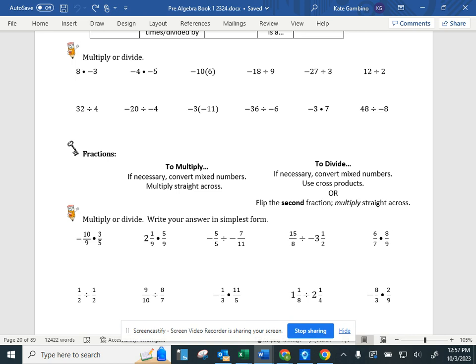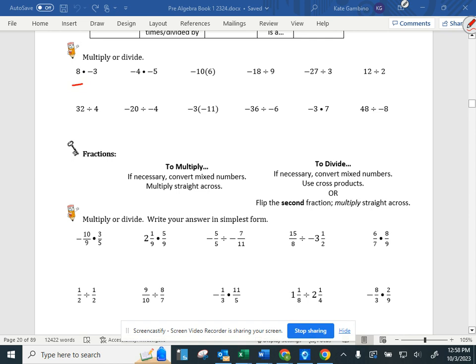So let's look at this first one. I have a positive 8 and a negative 3. What's my answer going to be, positive or negative? Christian? Negative, because I have different signs, positive and negative. So that's the first thing I always look at. Am I going to put a negative sign on there? Now I'm going to do the math.